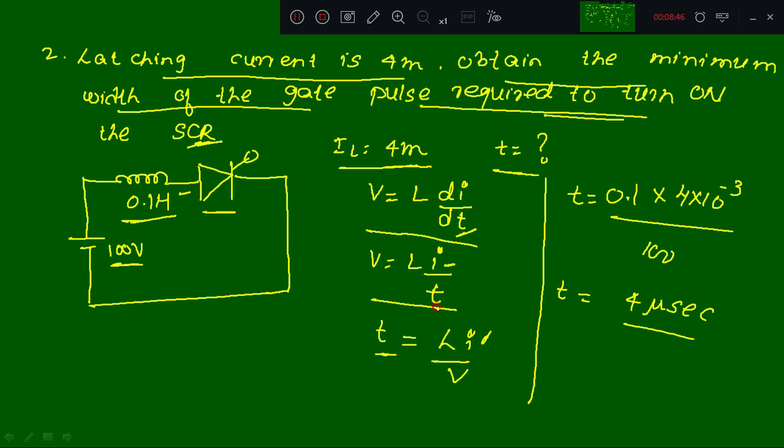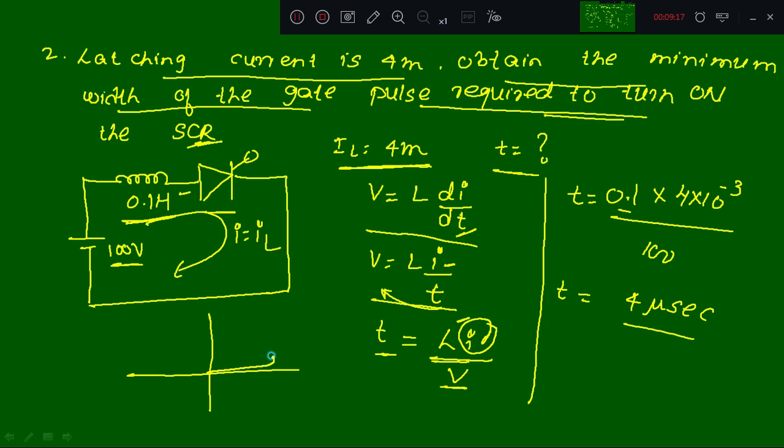So t becomes, if I take this t on this side, L into I by V. L is the inductor, whose value is given in the question as 0.1 Henry. So this is 0.1 into current. This current is the pulse width required to turn on the SCR. SCR will turn on when the current flowing in this circuit becomes I equals the latching current.